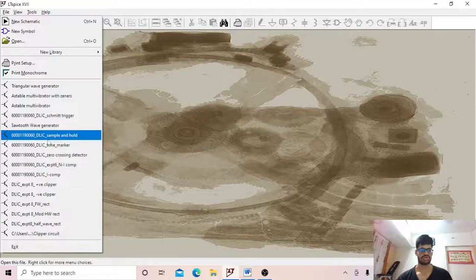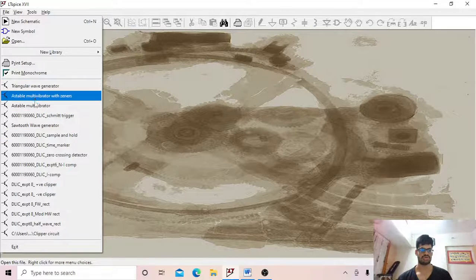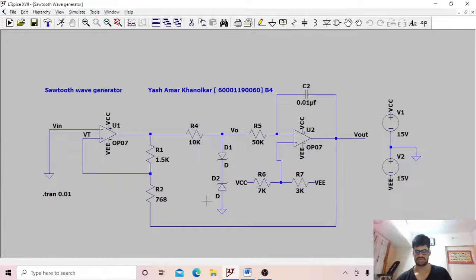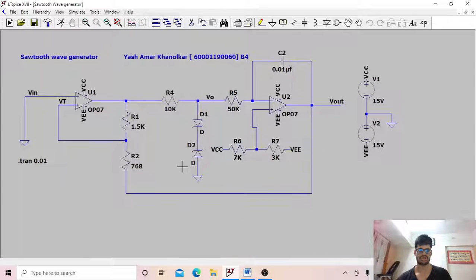So we are going to the sawtooth wave generator now. Yes, this is what we call a sawtooth wave generator. The first part of the circuit is still the astable multivibrator, but the second part of the circuit is a little bit different. We are connecting a variable DC voltage right here at the non-inverting terminal of the op-amp, and we have a variable resistance right here.